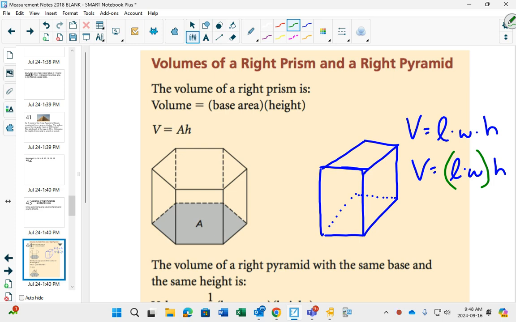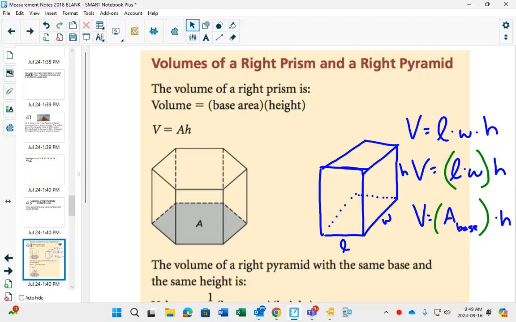Because if this is my length, and this is my width, and this is my height, do you see that what I put in the brackets is just the area of the base? Sometimes on your formula sheet, it's written like that: we're just figuring out the area of the bottom and then multiplying by the height to figure out the entire volume.